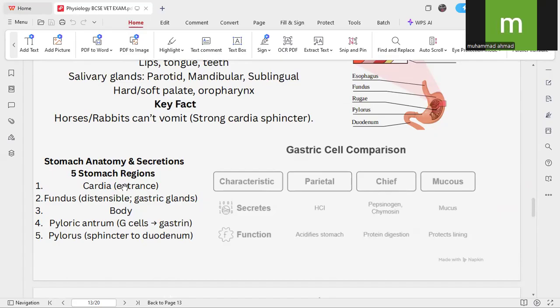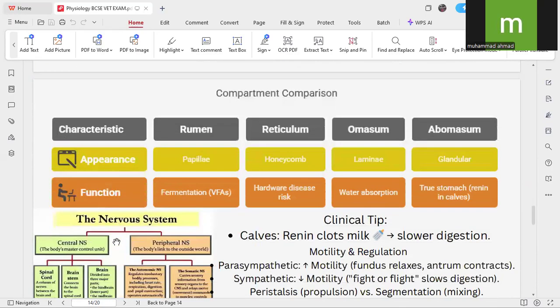Stomach anatomy and secretion: five stomach regions: cardia, entrance, fundus, distensible gastric gland, body. There are glands present in the fundus. Pyloric antrum, G cells produce gastrin, and the pylorus is the sphincter to the duodenum. Components of the ruminant digestive system: there are four compartments in the stomach of ruminants.